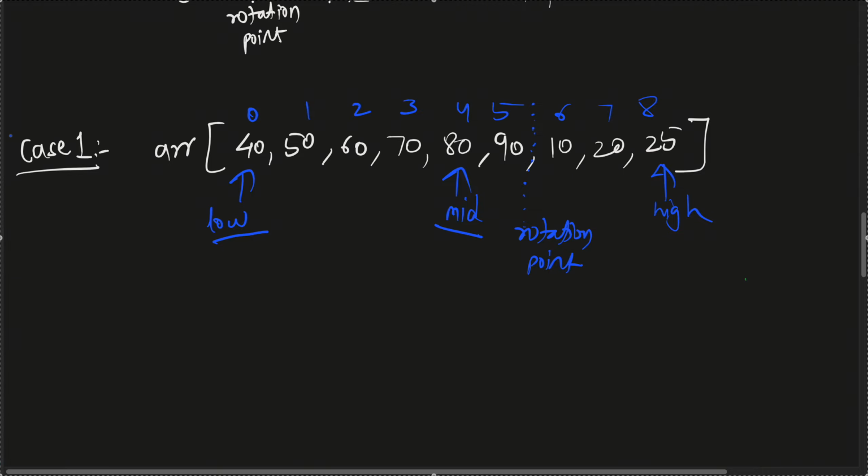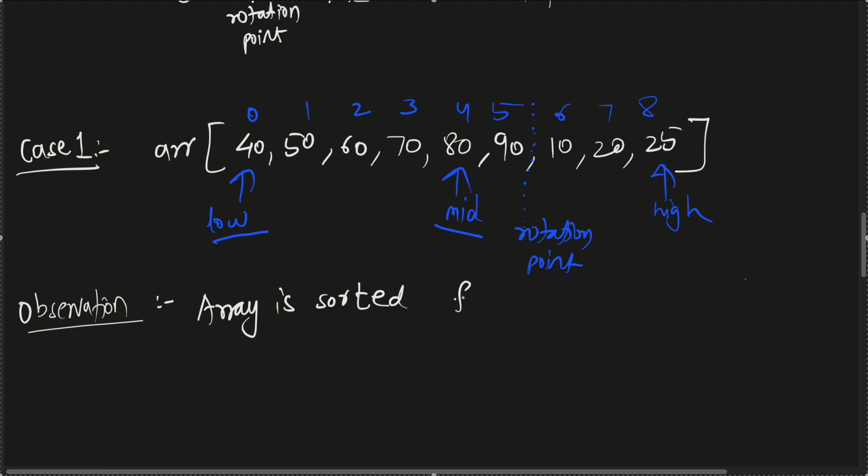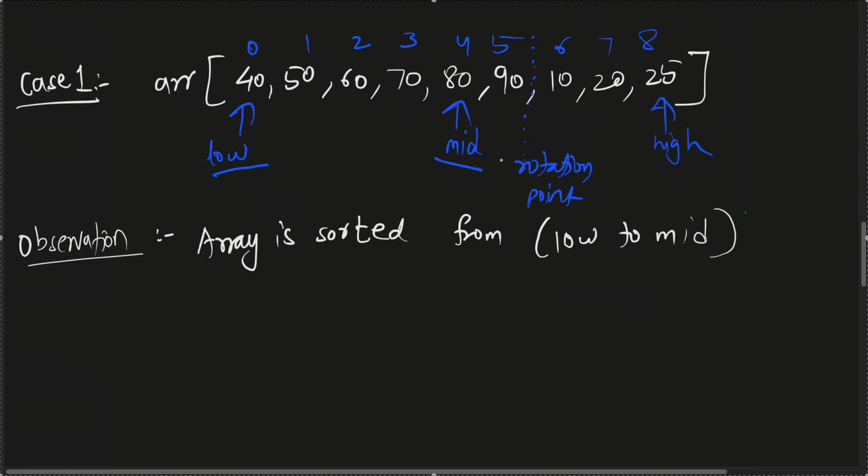So the observation from case 1 is that the array is sorted from low to mid. This is one example, right? Another possibility might be that the array is sorted in the other part, but the observation we are getting is that one part of the array is sorted, right?